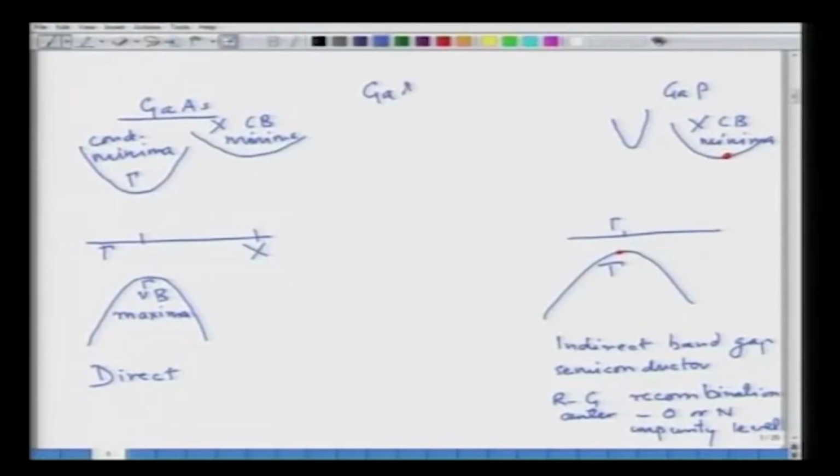Consider a composition of gallium arsenide 0.5 and gallium phosphide 0.5, which is in between the two compositions for arsenic and phosphorus. At that point there is a crossover. It stays direct all the way up to about 0.5, and then it becomes an indirect band gap. At the point of the crossover, we basically have a situation where you have the maximum of the valence band and the minimum of the conduction band.